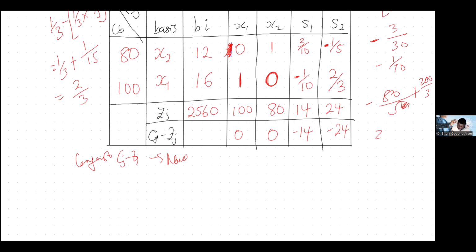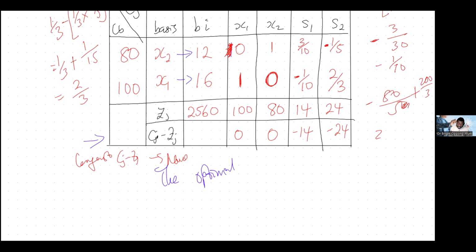So the optimal solution is observed when there is no positive value in the Cj minus Zj, right? There is no positive value here. There are zeros corresponding to x1 and x2, and this is very important.